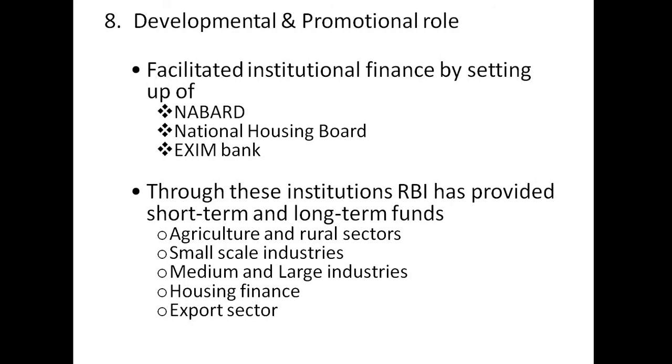RBI facilitated institutional finance by setting up of NABARD, National Housing Board, Exim Bank, and through these institutions it has provided short-term and long-term funds to the agriculture and rural sectors, small-scale industries, medium and large industries, housing finance, export sector.